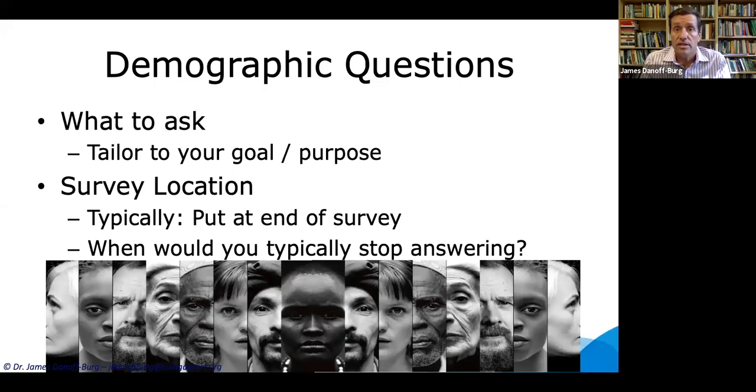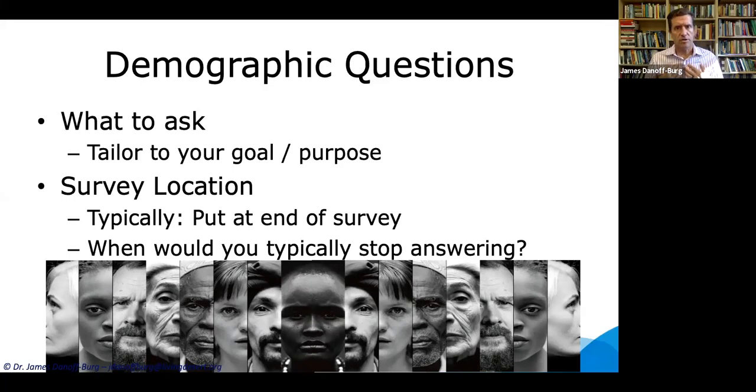And typically, most people put the demographic questions at the very end of the survey, because we talked about that social contract that surveys imply. And very often when you're first getting to know someone, you're becoming more comfortable with them the longer you talk with them.